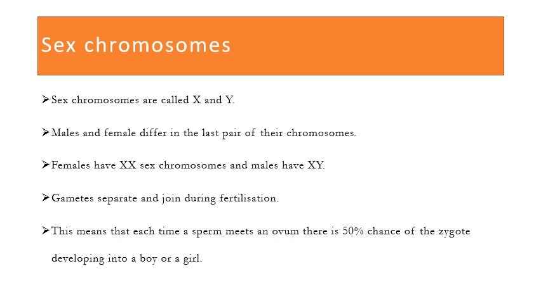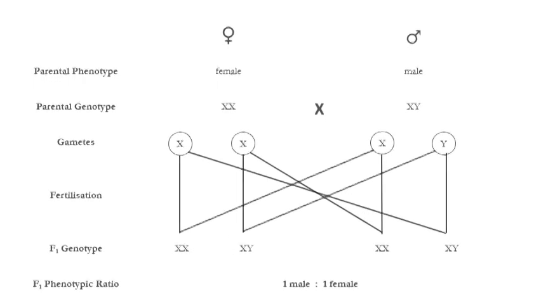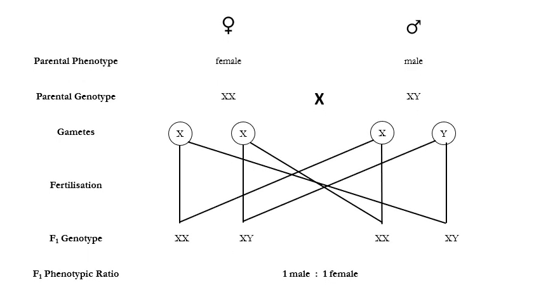Right. How can we show this? Genetic crossing. As you can see from this diagram, when a male crosses with a female, the genotype that we expect from the female is XX, and the genotype that we expect from a male is XY. By doing these crosses, you can see that the resultant F1 generation has two of them represented by a homozygous XX, and two of them represented by an XY.